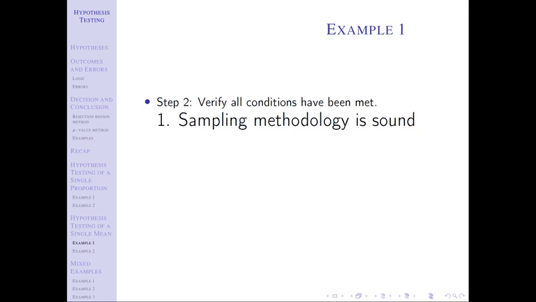We have to say either x is normally distributed, so x bar is normally distributed, good to go, we move forward. Or if that's not the case, then we would see if the central limit theorem holds. Do we have a big enough sample to overcome any skewness in the distribution to get us to x bar being approximately normal? In this case, the problem tells you IQ scores are normally distributed. That would be x.